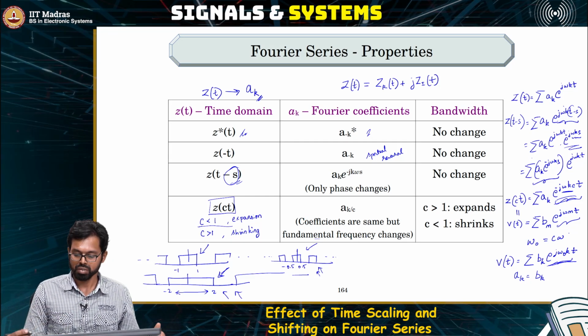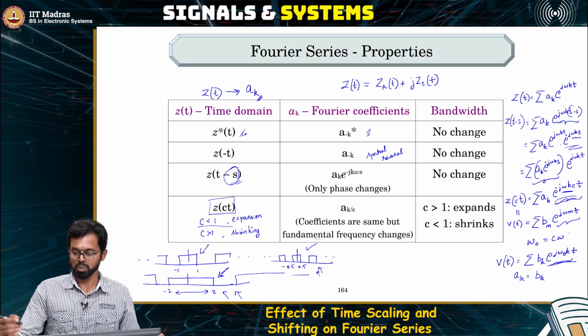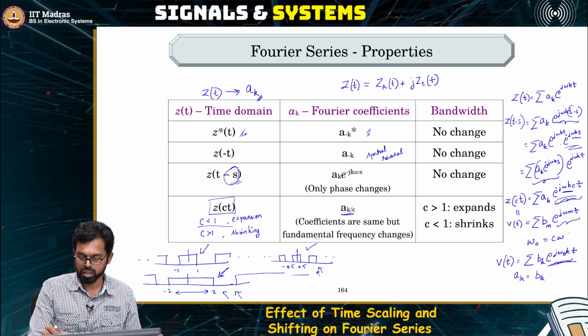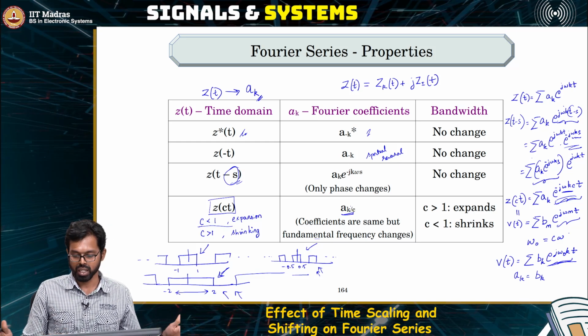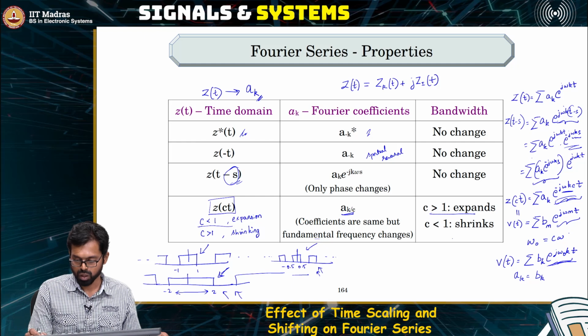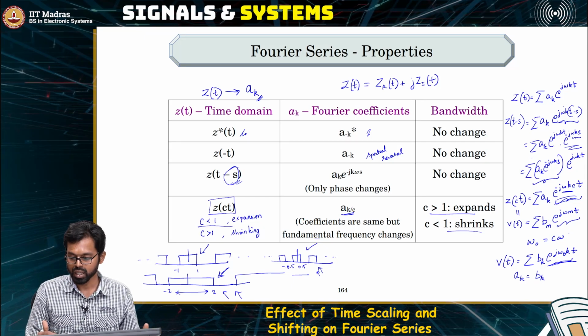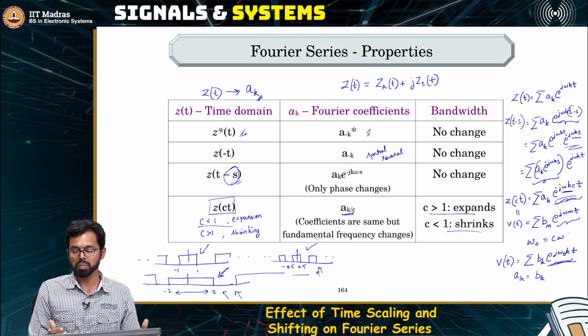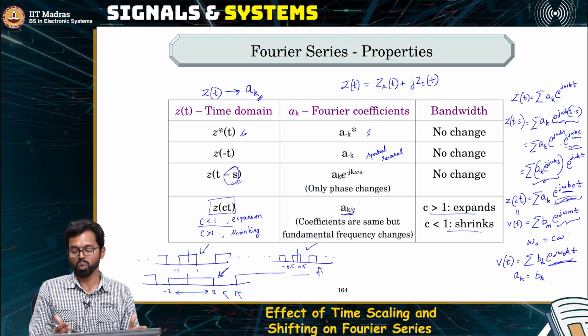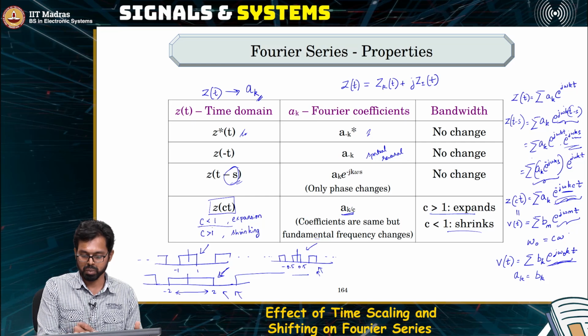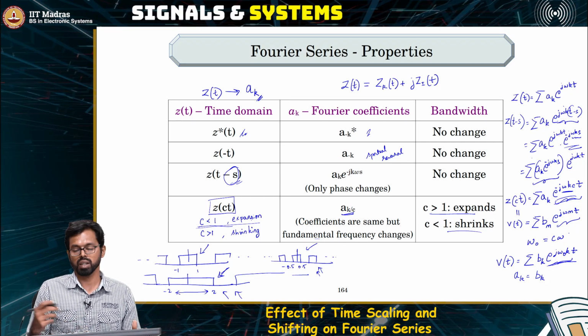So if you fix the fundamental frequency in both these decompositions, then the Fourier series coefficients would change. They will either move apart or come closer together. If they are coming closer together, it means the frequency components are becoming smaller, which means the signal has actually been expanded, and the other way around.